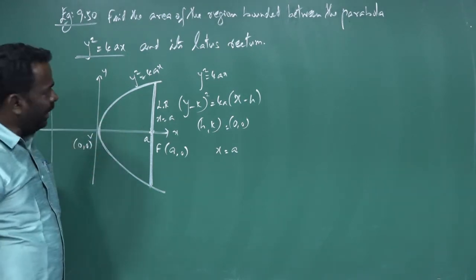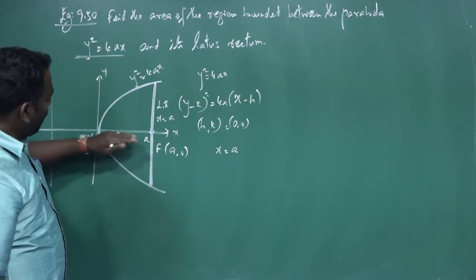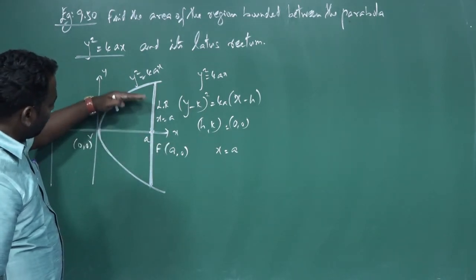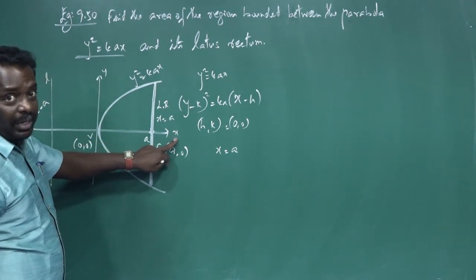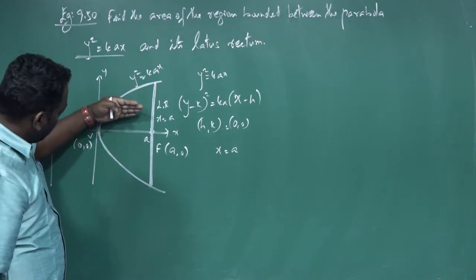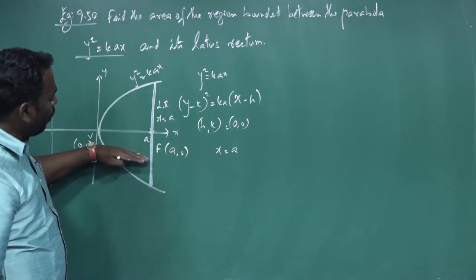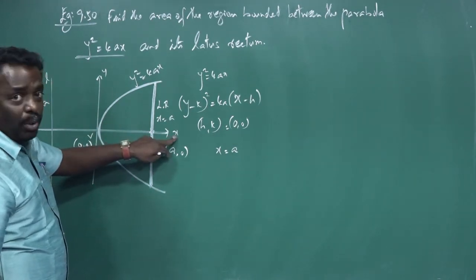It is called symmetric, symmetric about the x-axis, because the area above the x-axis is the same as the area obtained below, so the symmetric property is satisfied about the x-axis.